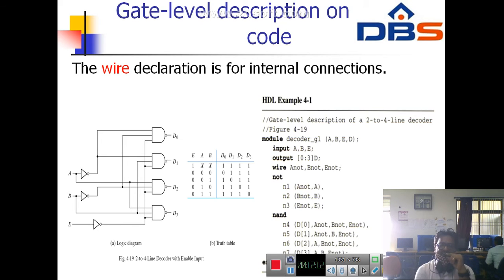So in a gate level description code, we mainly use a wire declaration to make the internal connections. Whenever we are writing the code for any combinational circuit, whether it may be a decoder, encoder, or multiplexer, a wire declaration will be used for the internal connections.